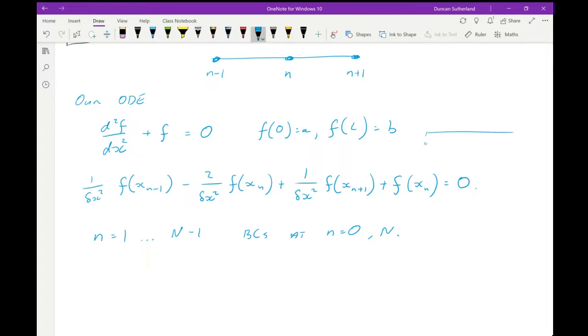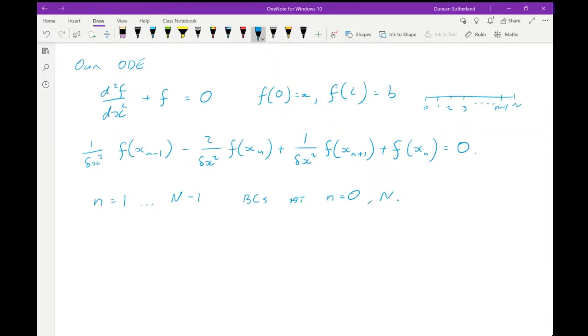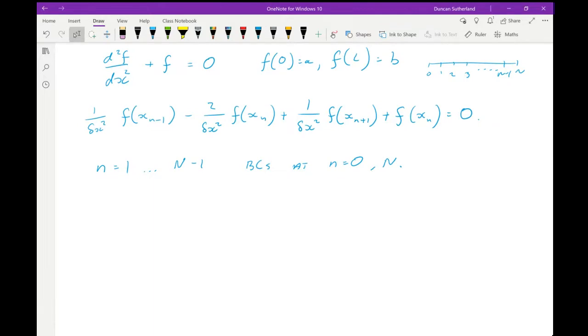If we label 0, 1, 2, 3, and so on up to n minus 1, that's like the points that we're interested in. Right, that's our discretized interval. What we can do now is, because we've got those equations, we can write them out. There's n of them, but we can make a start.